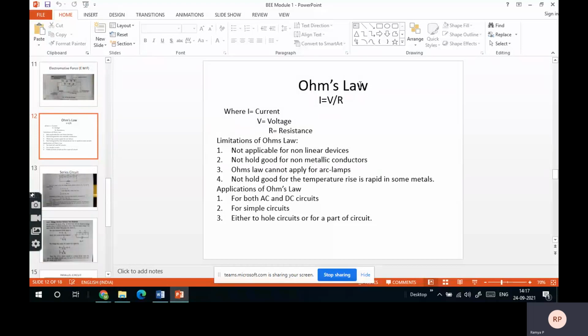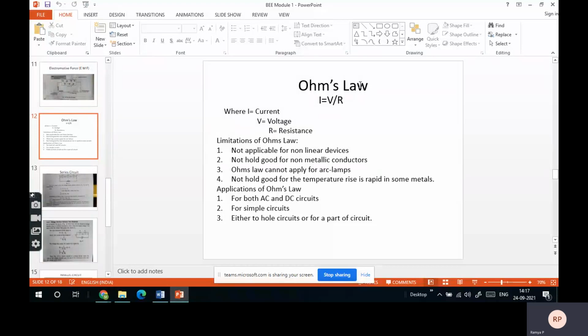And the third is that I can apply Ohm's law for a small portion of the circuit or for a complete part of the circuit. Assume that you have a complex circuit, one particular layout wherein a huge number of electric components are connected. There, if you want to apply Ohm's law, you can apply it for a small portion or even for a larger portion also.